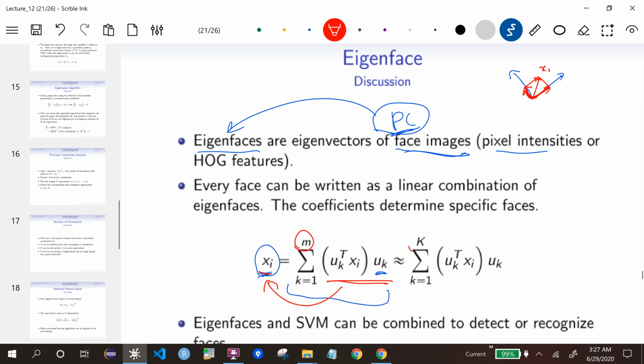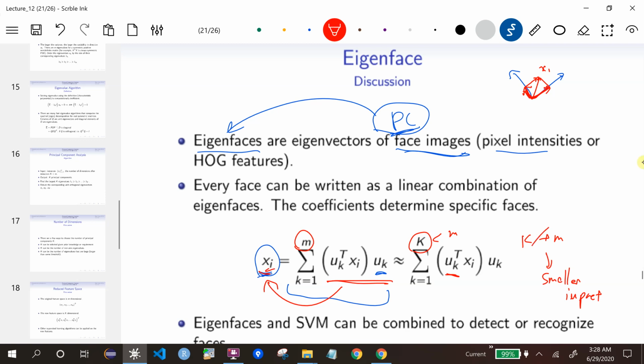However, if we only use k of them, and k is, say, smaller than m, and we choose these principal components properly by minimizing, again, the reconstruction error, it means for the remaining components, k to m, the amount of mistake we're going to make is kind of small, so they have smaller impact in reconstructing the face, or in reconstructing the original vector.